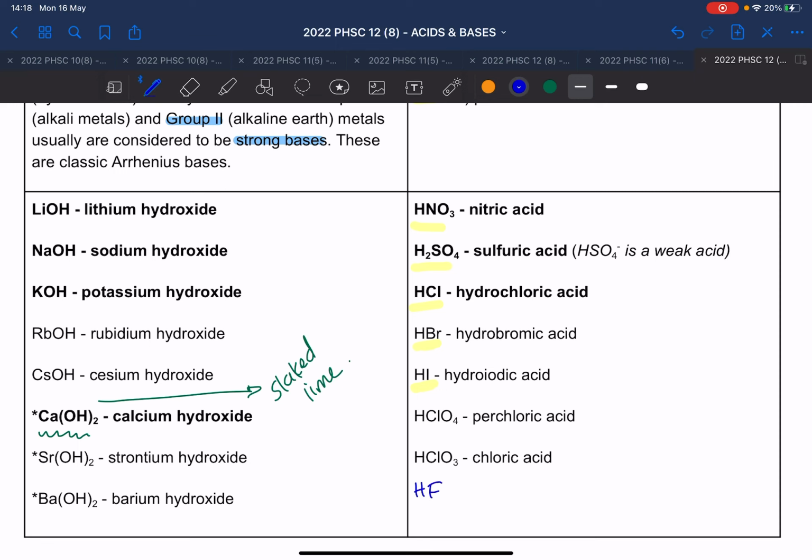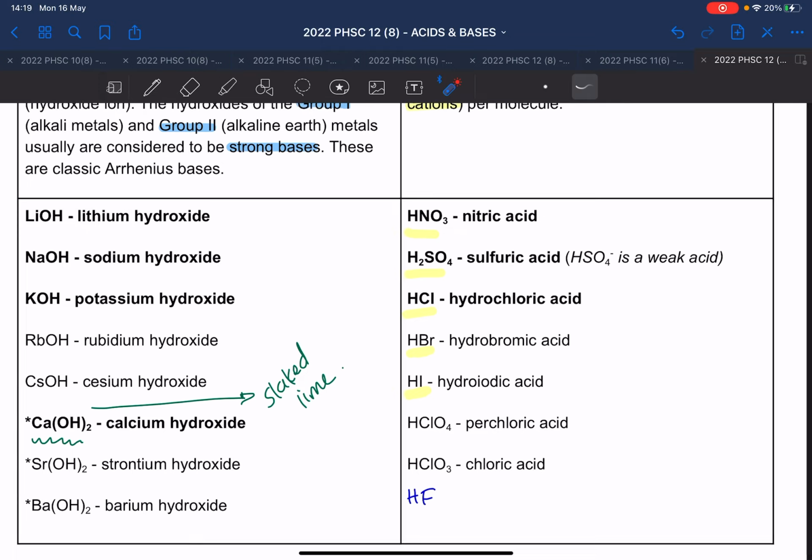If you have a hydrogen bonded to a halogen, then it's considered a strong acid, as well as this one and this one. Okay, so those are all considered strong acids, and you must know them and be able to identify them. Those that are highlighted are the ones that we use most often, and the other ones are extra ones that I saw in past papers that they do give.